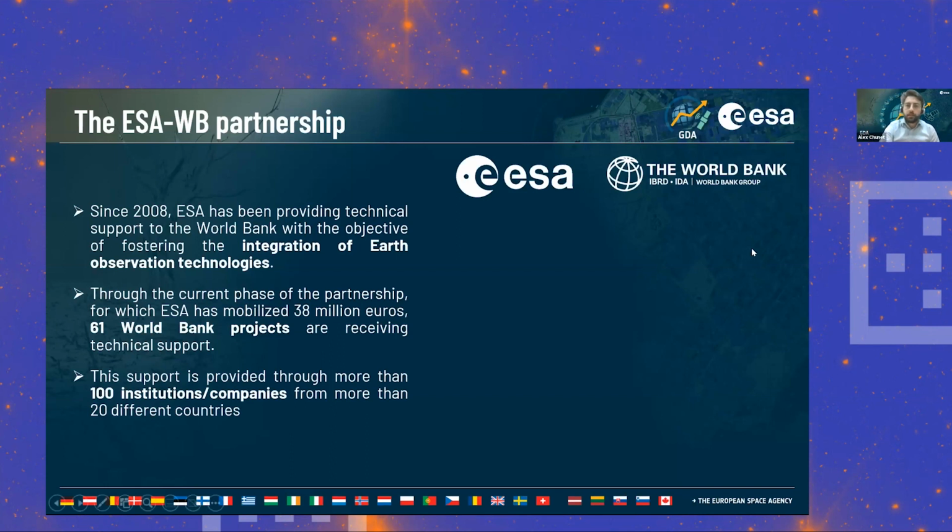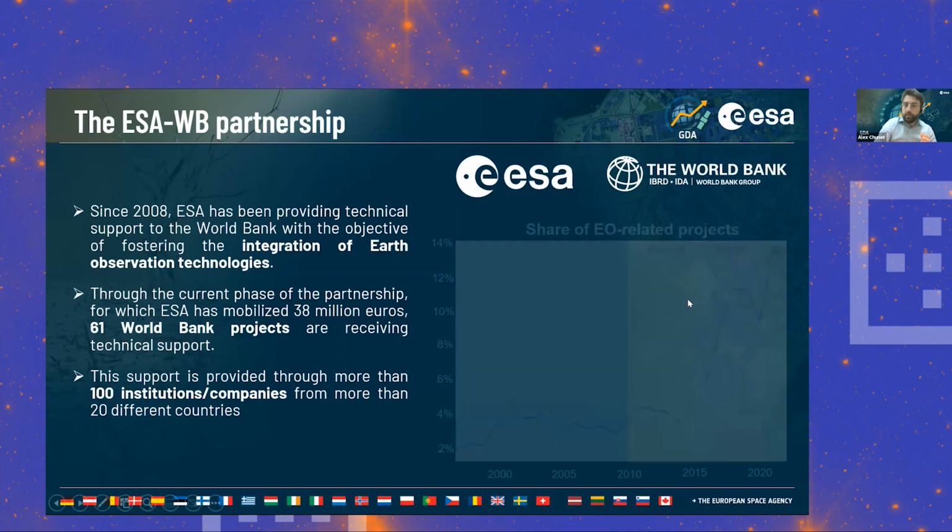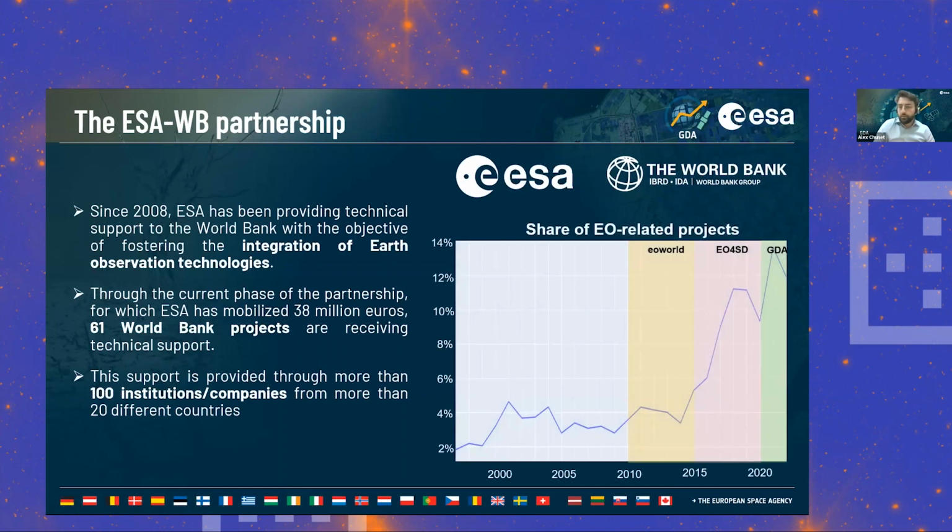with other development banks. And this has resulted in this specific graph, if I had to summarize it, which is basically the share of projects at World Bank that mention in project documentation the use of Earth observation. And we see that there's been a steep increase between 2010 to now, from 2% to around 12-13%.